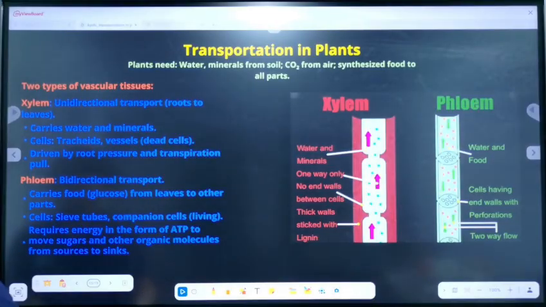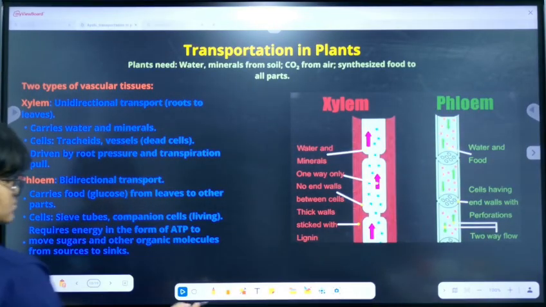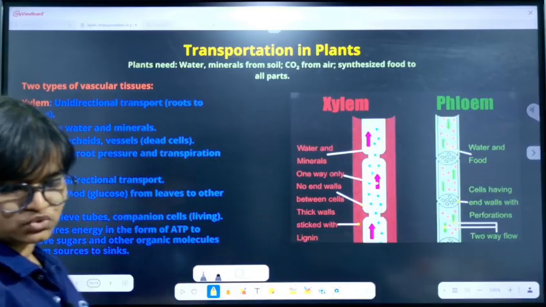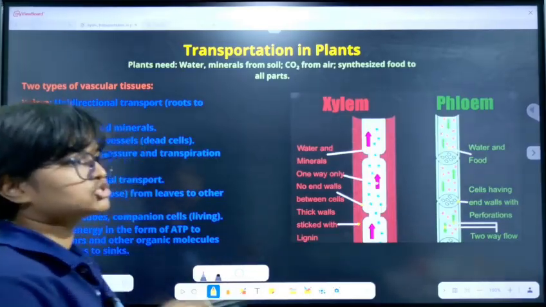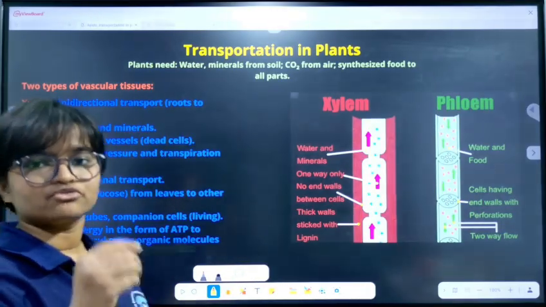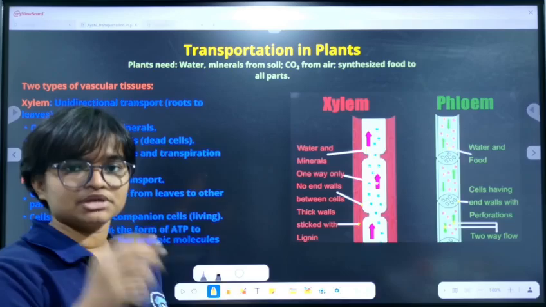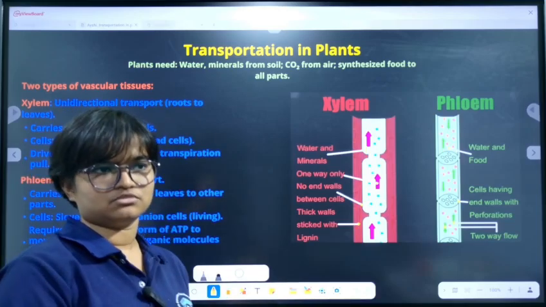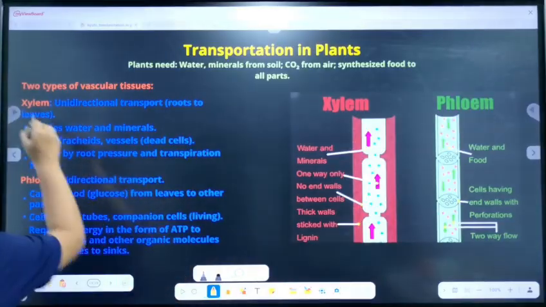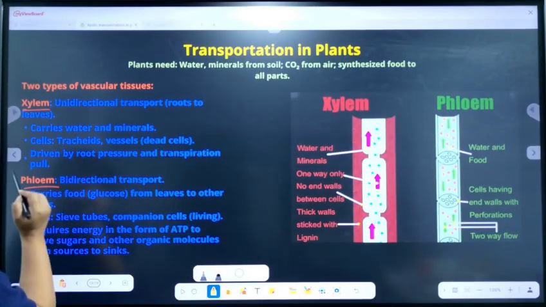So there are two types of tissues present in the plant, which help the plant to transport all the minerals and all the water they need for their daily life, like the xylem and phloem.